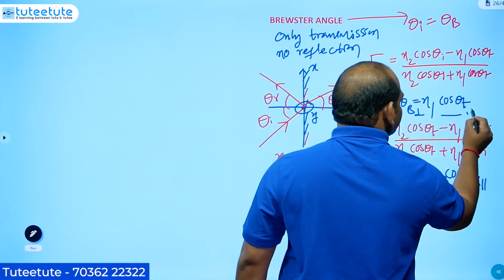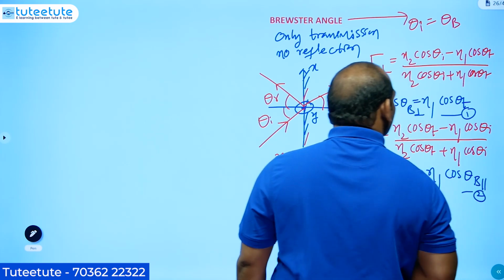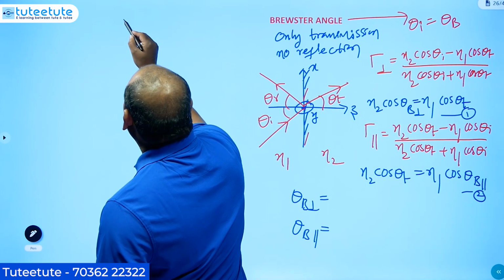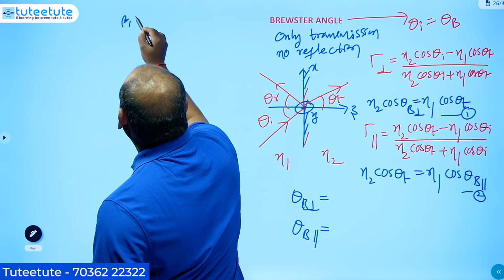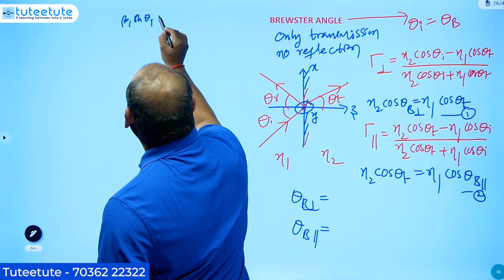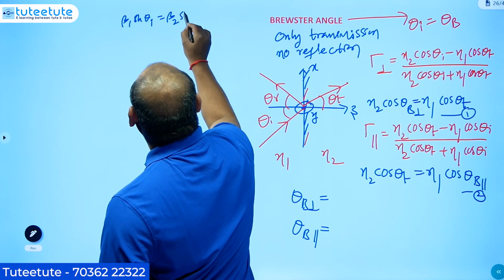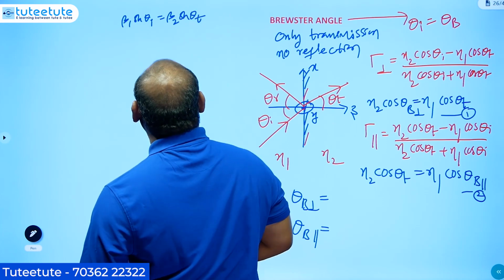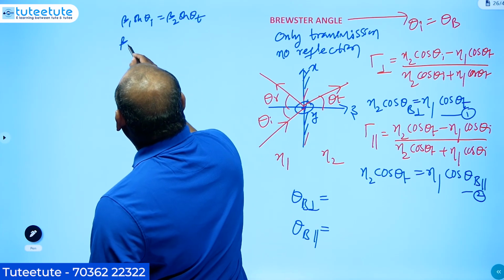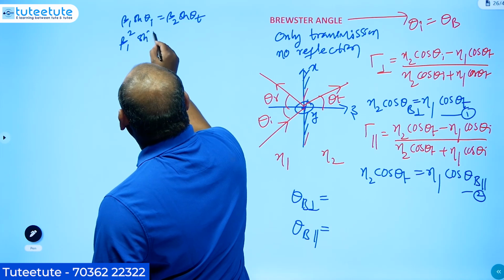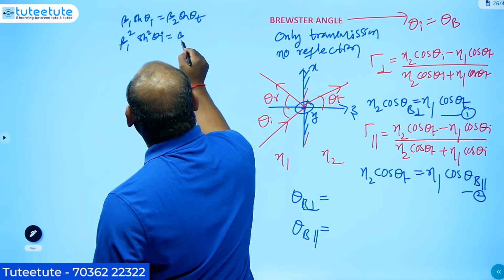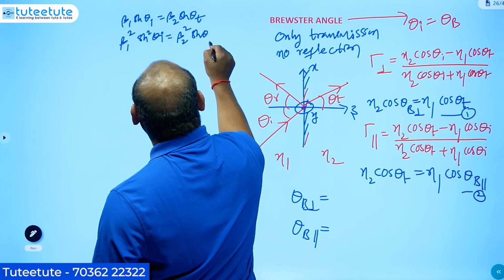In order to get the equations, I will give just the procedure. You take this as equation 1, this as equation 2. And here Snell's law of refraction: beta 1 sin theta I is equal to beta 2 sin theta t. Just square these two equations. Beta 1 square sin square theta I is equal to beta 2 square sin square theta t.